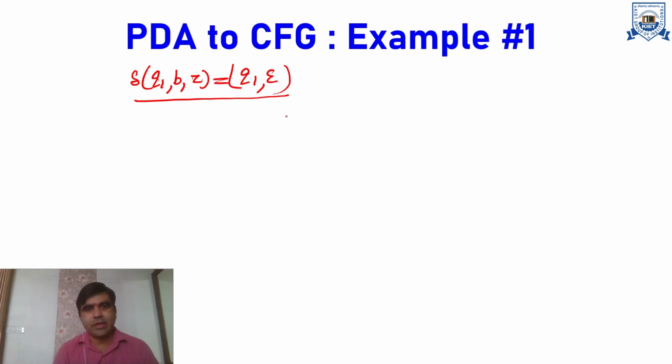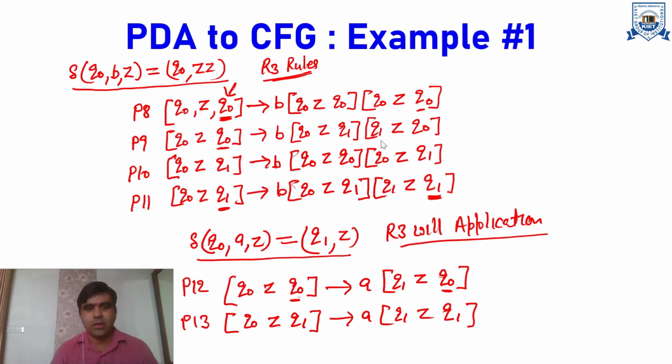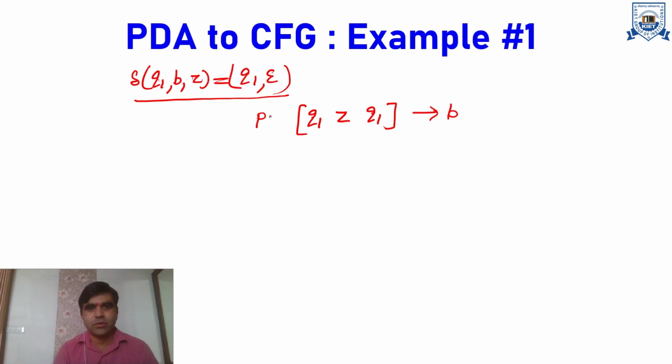When we are erasing a symbol, then it simply says Q1, Z and Q1. We are actually erasing b. So we can call this production rule number 13, then we have 14. So this will be production rule number 14.